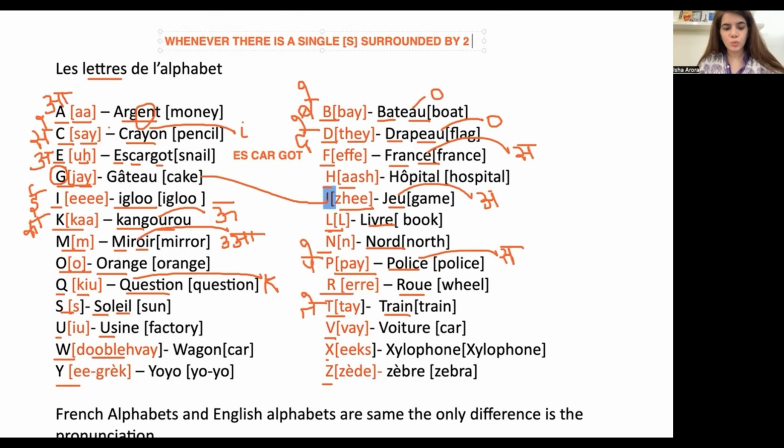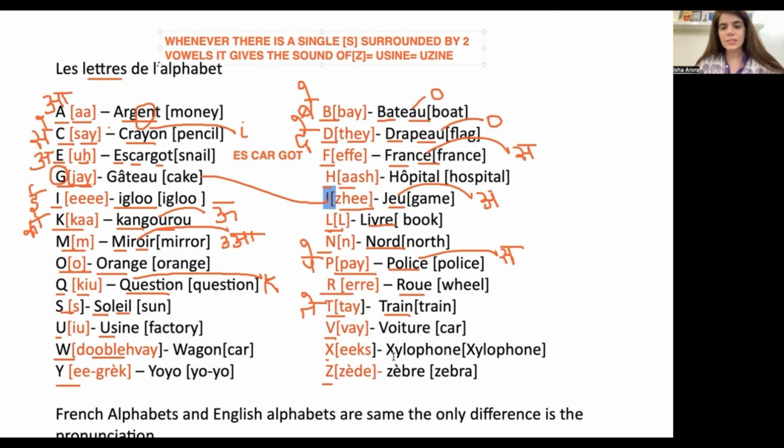Okay, so we will read like usine. The pronunciation will be usine, usine.